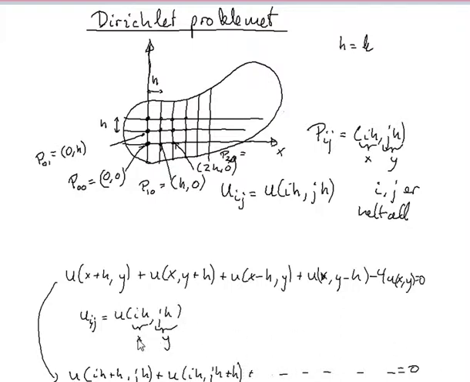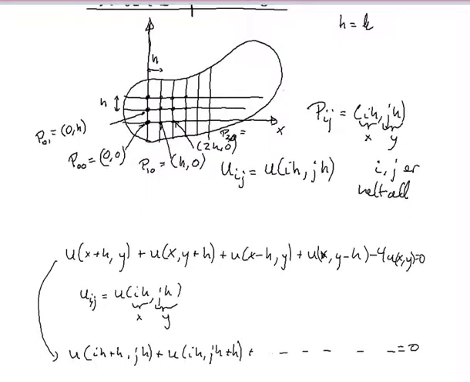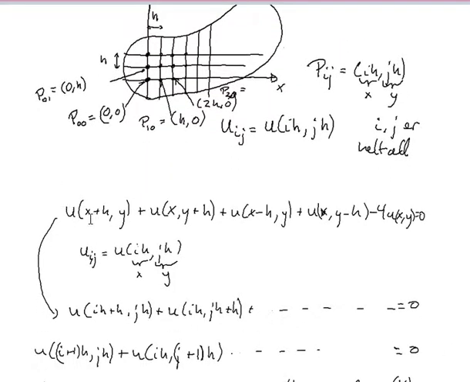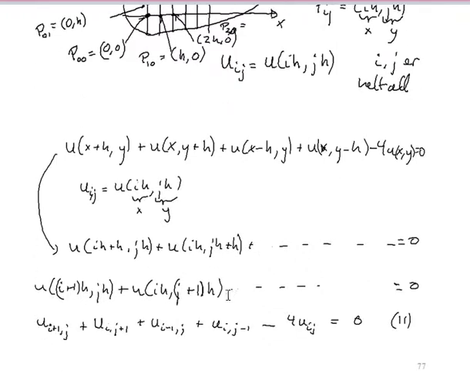And by replacing x in this equation with ih and y by jh, we obtain the following. We have replaced x by ih all over, and we arrive at the following equation.